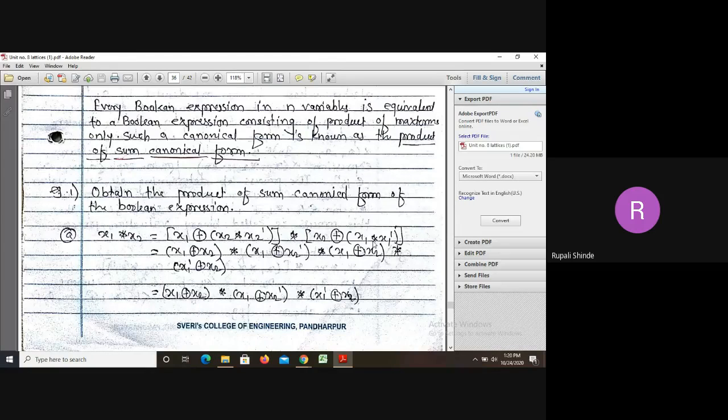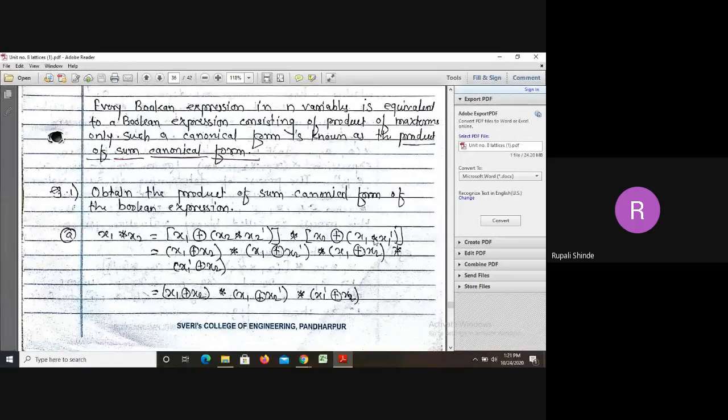So again we have to apply the distributive law here, like X2 XOR X1. But what is our rule? Your variables should be in the correct sequence like X1, X2, X3 likewise. So here we have taken X1 XOR X2.